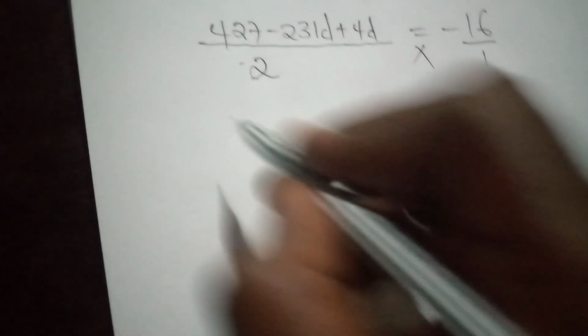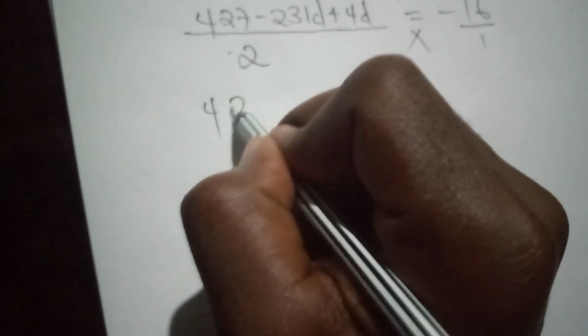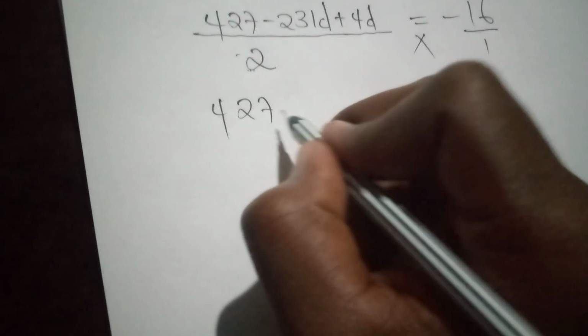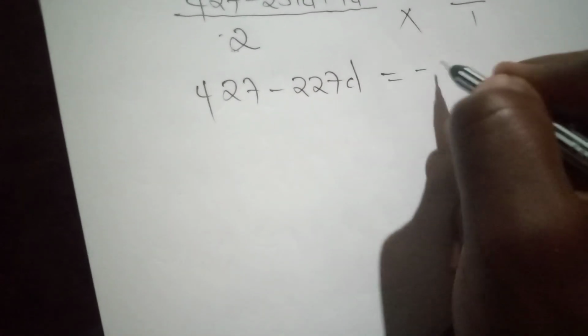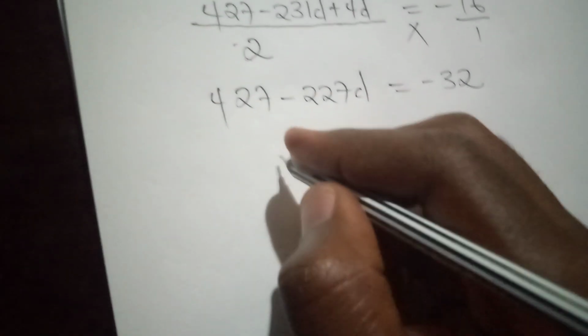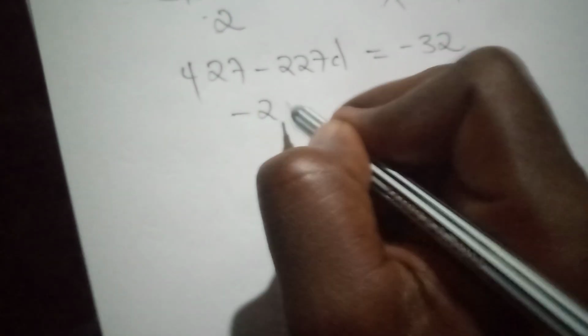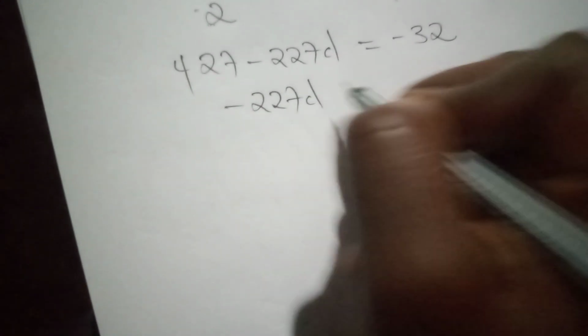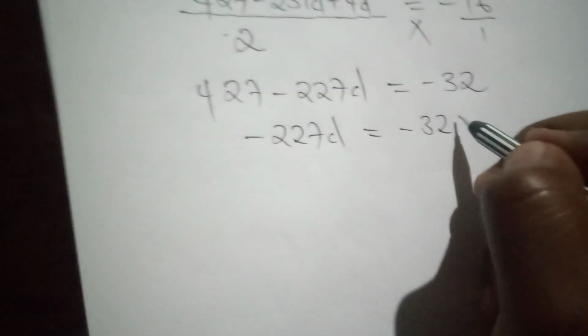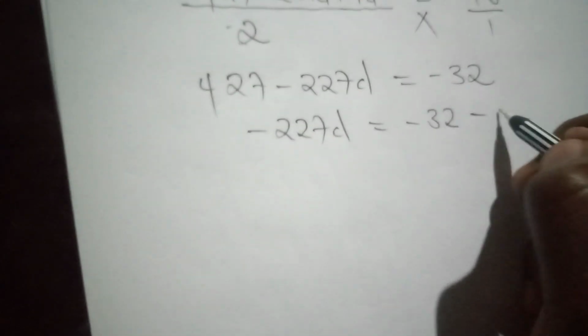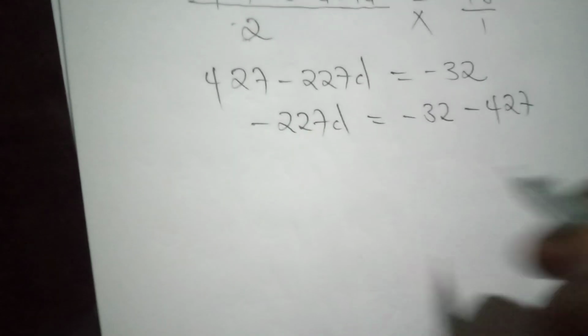So if you simplify, you're going to have 427 minus 227d is equal to negative 32. So that is negative 227d is equal to negative 32 minus 427.